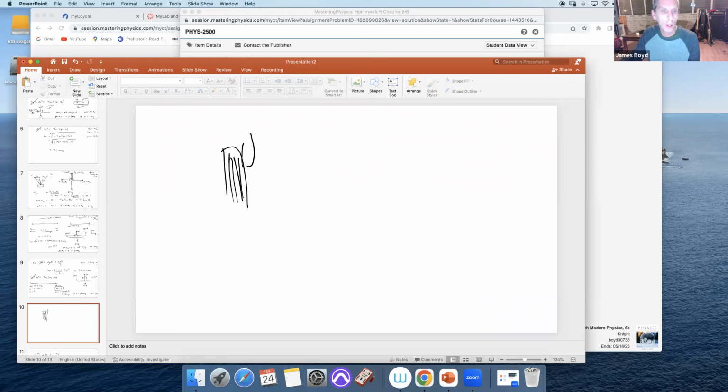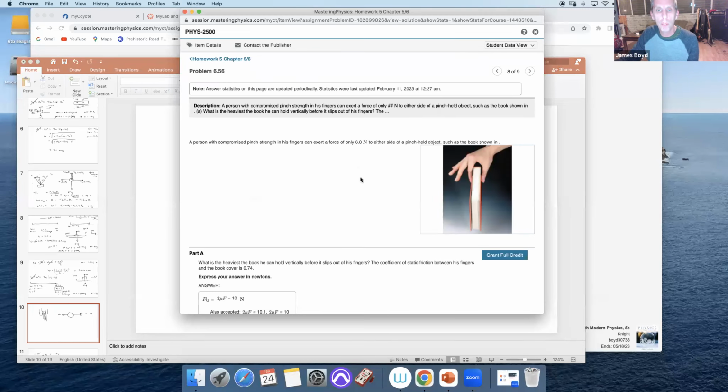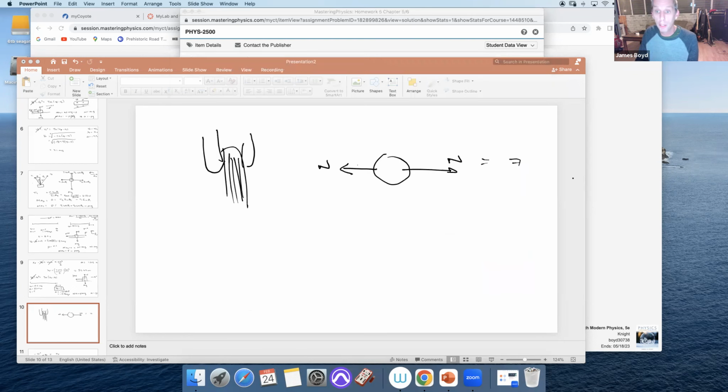There's a normal force on the book. This finger is pushing it that way, and that's a normal force, and this one is pushing that way with another normal force. Those two normal forces are equal to 6.8 newtons.